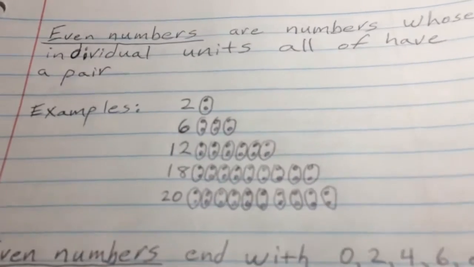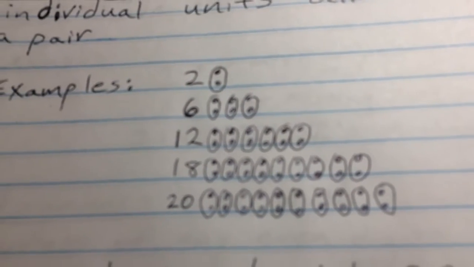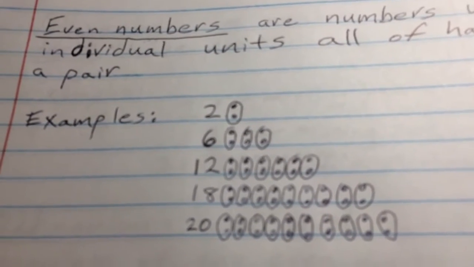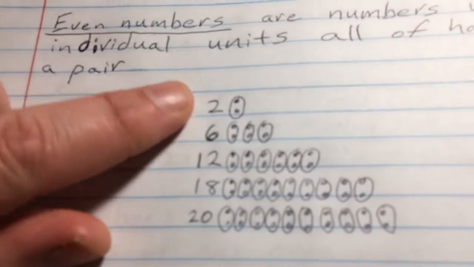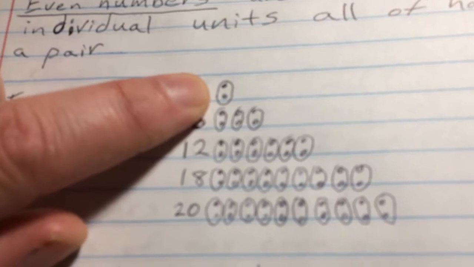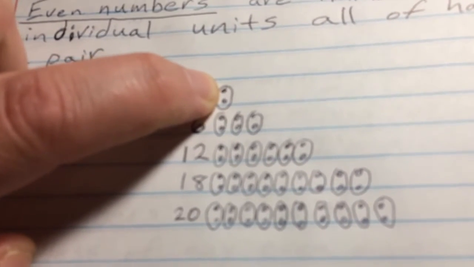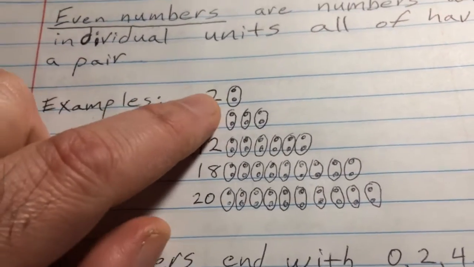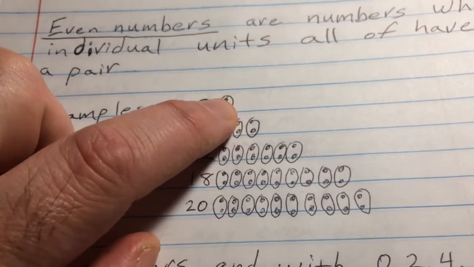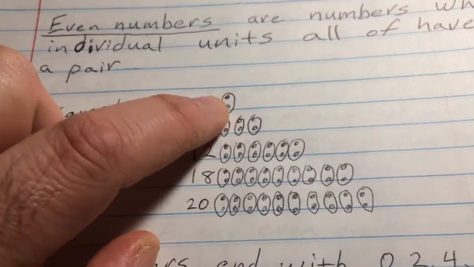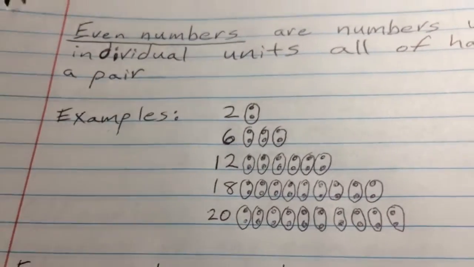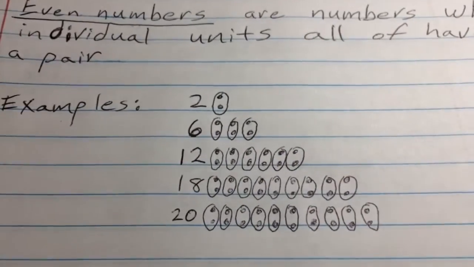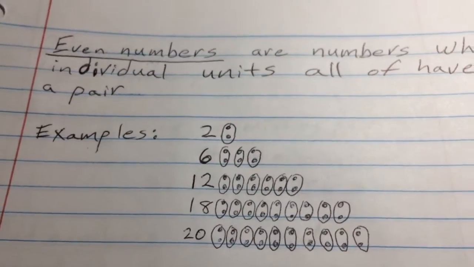And of course, we have the basic concepts that we know from the primary level, which is even numbers are ones that have all the units have pairs, and there's no individual units like these little dots here. None of these individual units have a unit that's by itself, and an odd number, on the other hand, would be by itself. And so that is the main distinction between the two.